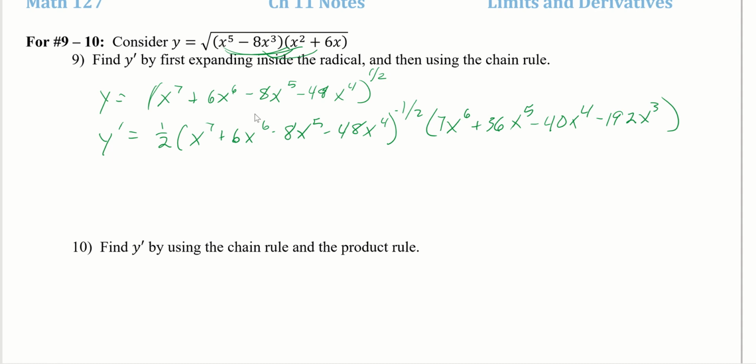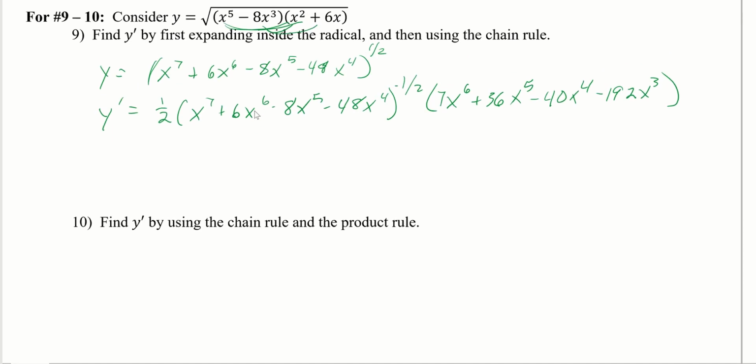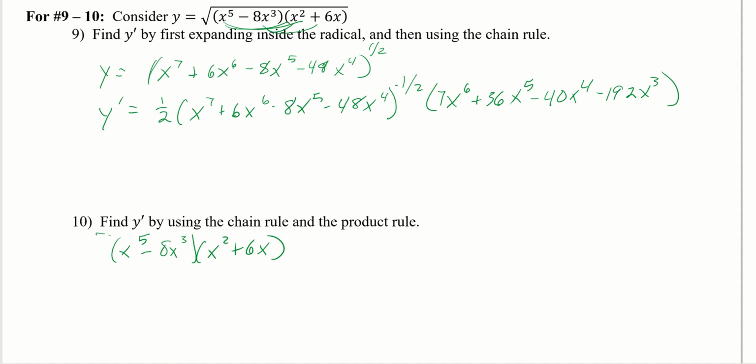So this one's a little bit trickier. If I purely just rewrite it, I've got x to the 5th minus 8x cubed, times x squared plus 6x, all of this to the 1/2 power. What it means by the chain rule is still the same thing.